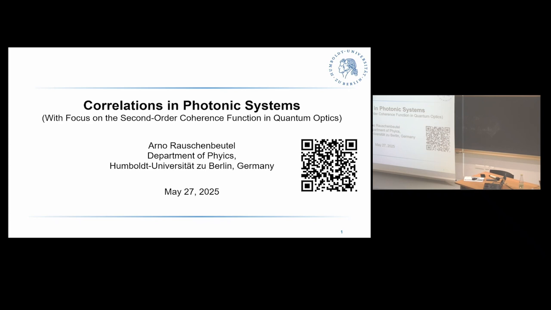So I should have a 1 here. And for thermal light, so for example black body radiation, we know that g2 of tau equals 0 in that case equals 2. And in that case we speak about bunching.